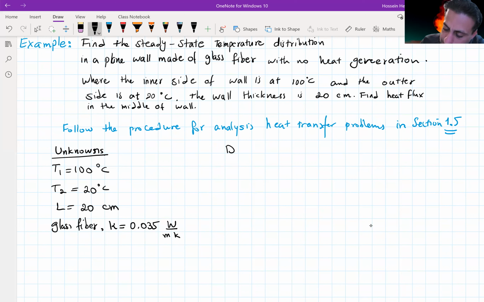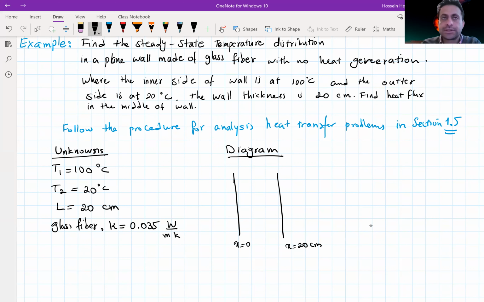Now, the next step is always to draw a diagram. That helps a lot for the problems that we are going to look at. So we have a wall. This is x equal to 0. This is x equal to 20 centimeters, the thickness.